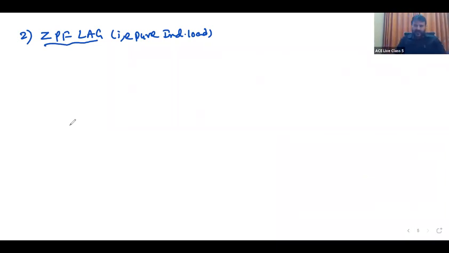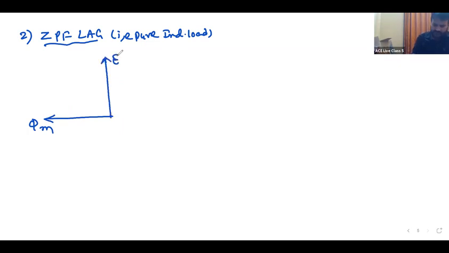For ZPF lagging, this is phi M. The main field flux along the direct axis is always fixed. This is phi M, the main field flux, and this is the induced EMF. These two are fixed. But for ZPF lagging, current IA lags E by 90 degrees.